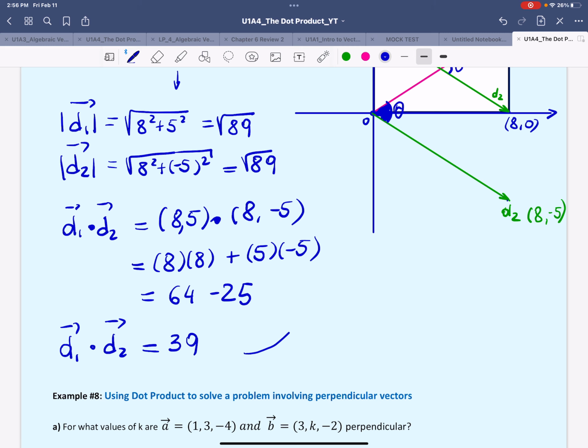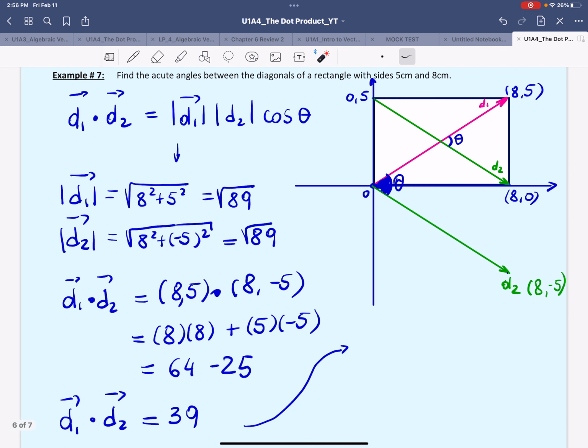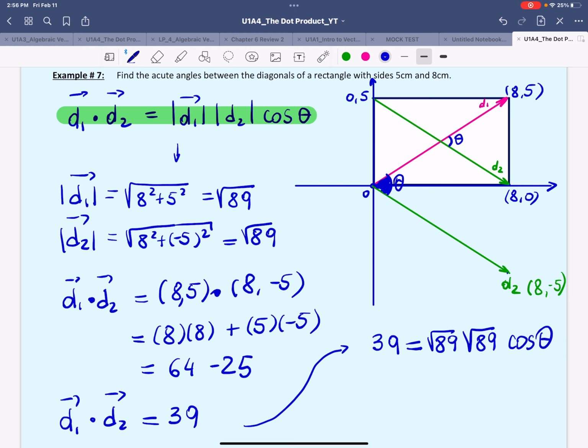So let's put all these numbers to work. Again, this is the formula that we are using. That's highlighted. So we'll say that D1 dot D2, which we now know is 39, equals magnitude of D1 root 89, magnitude of D2 root 89, cosine of the angle that we don't know.